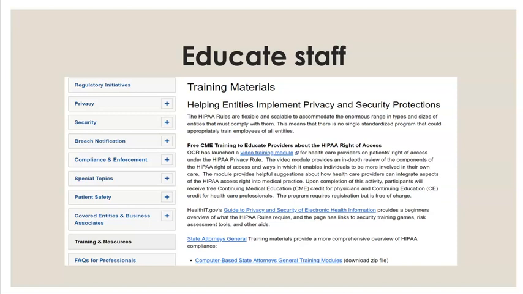Some organizations may have their providers or staff go to this website and do this training, or we could use this information to create training for our organization. There's lots of information here. If you notice, there's information on covered entities and business associates, very important.